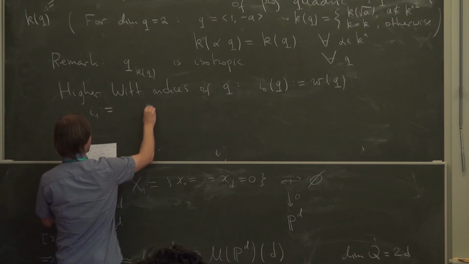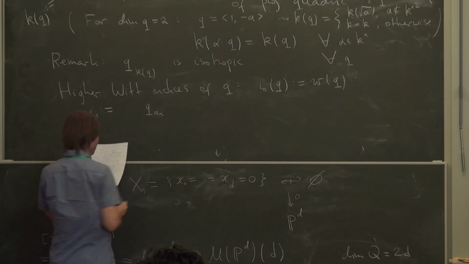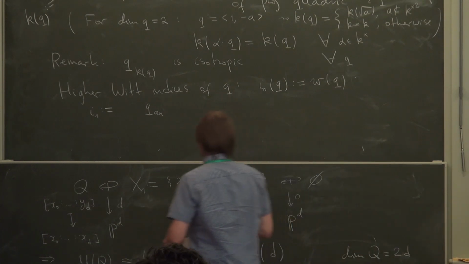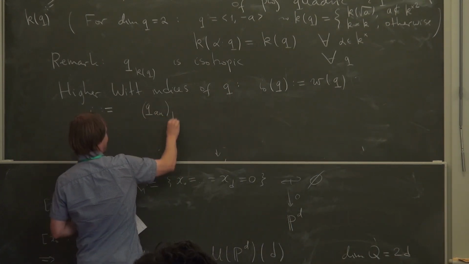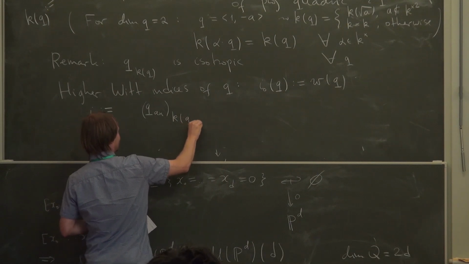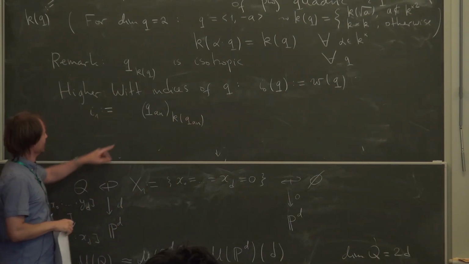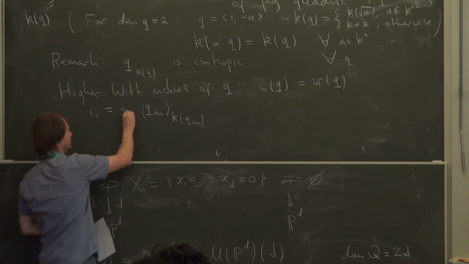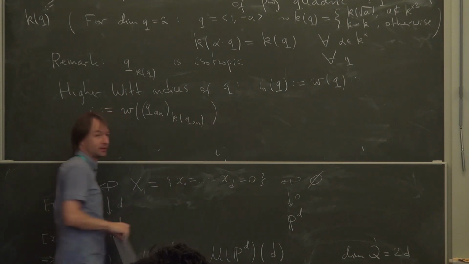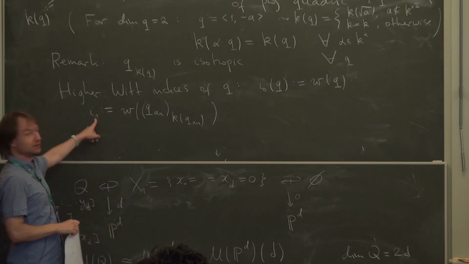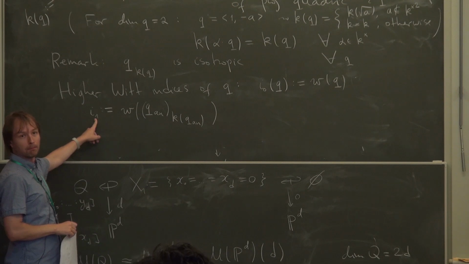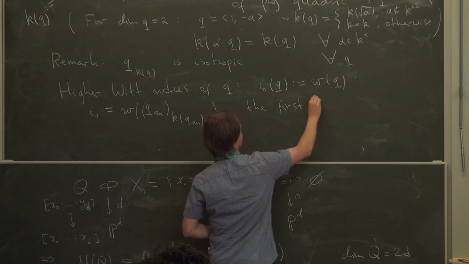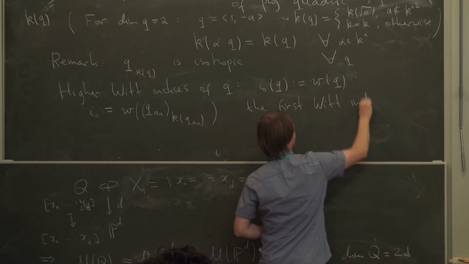We take the anisotropic part of Q from that decomposition on the right. So it's anisotropic, and we pass to the function field of this anisotropic form. This form, by this remark, is isotropic, and we can again take the usual width index of it, and we denote it by I1, by definition. It's the first width index of Q.